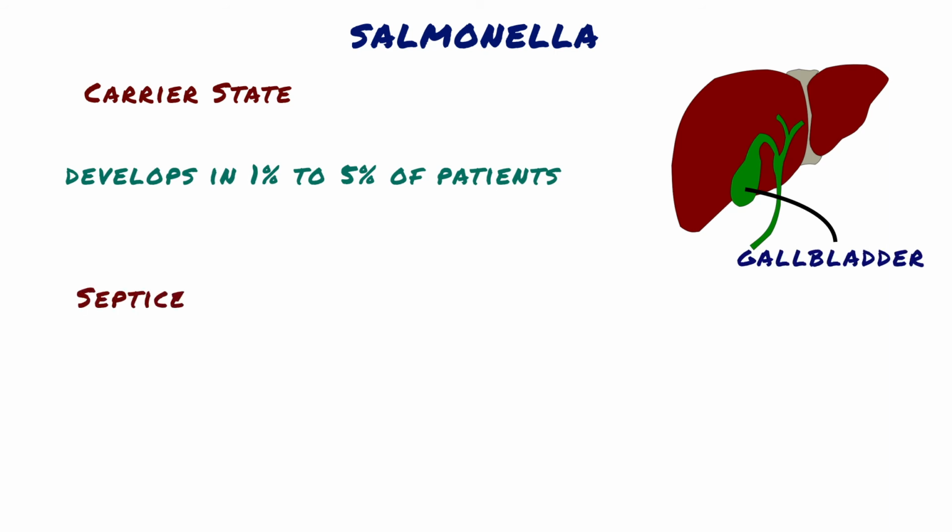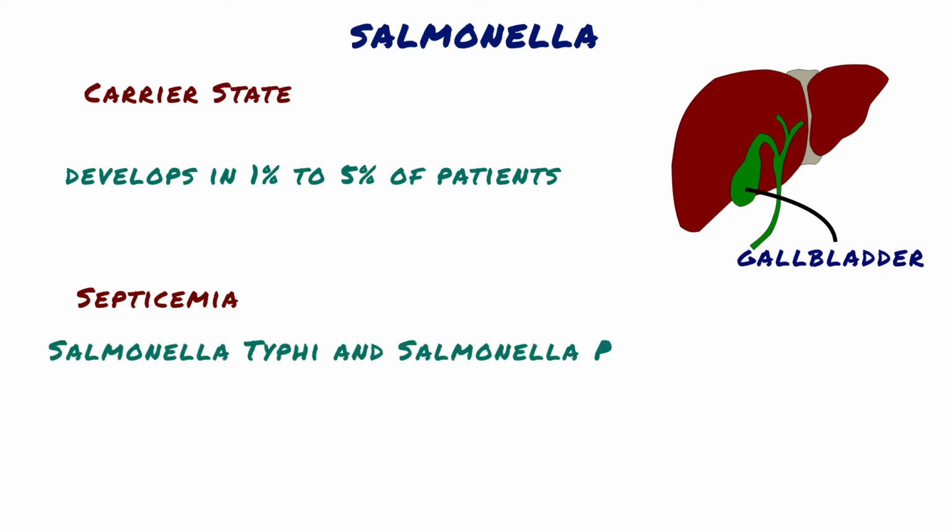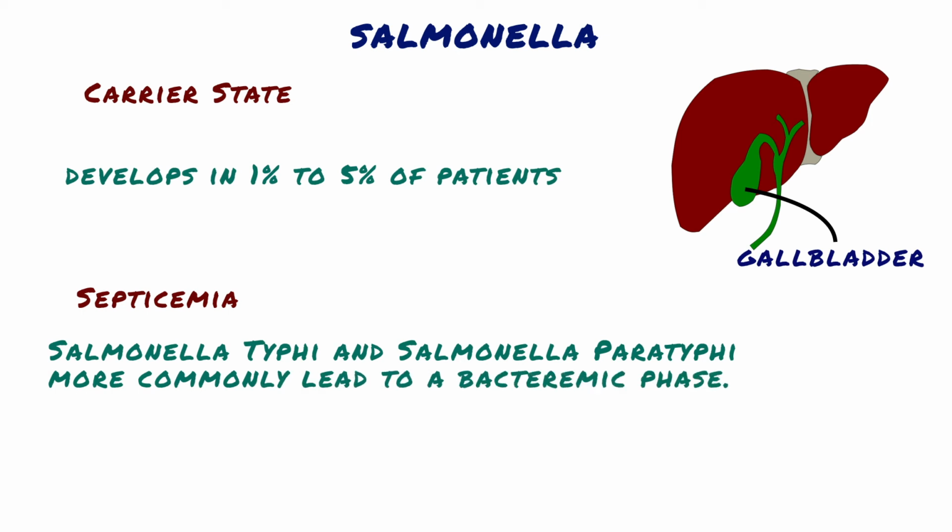Third one is septicemia. All Salmonella species can cause bacteremia, although infections with Salmonella typhi and Salmonella paratyphi more commonly lead to a bacteremic phase. The risk of Salmonella bacteremia is higher in pediatric and geriatric patients and in immunocompromised patients.